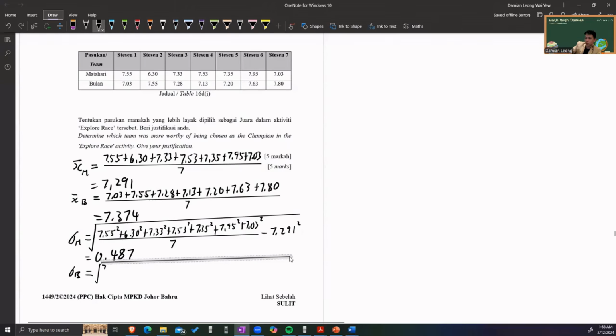Put this first. 7.03 square, 7.55 square plus 7.28 square plus 7.13 square plus 7.2 square plus 7.63 square plus 7.80 square over 7 minus mean square, 7.374 square.